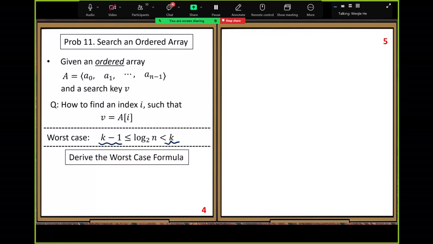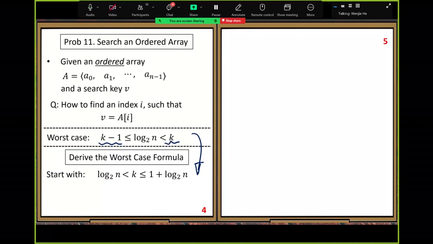Let's derive the worst case formula for k. We start with this inequality, which is equivalent to the previous one.